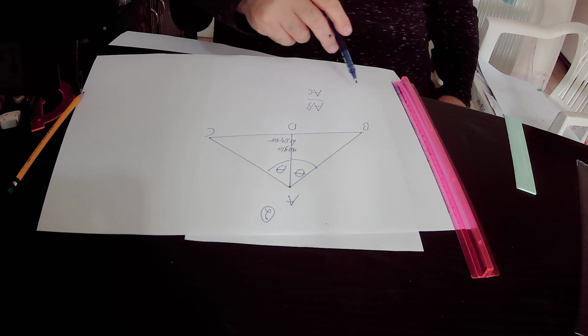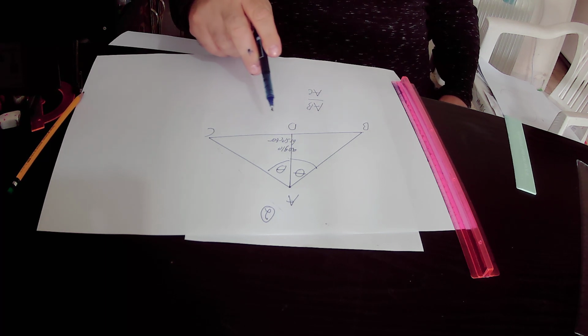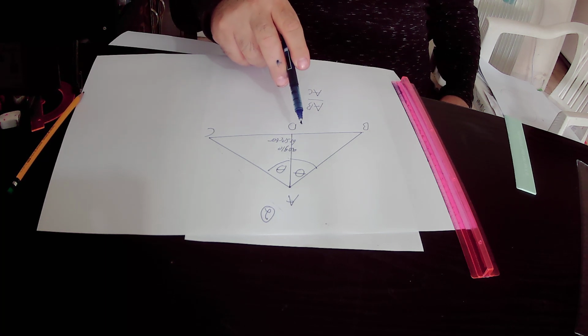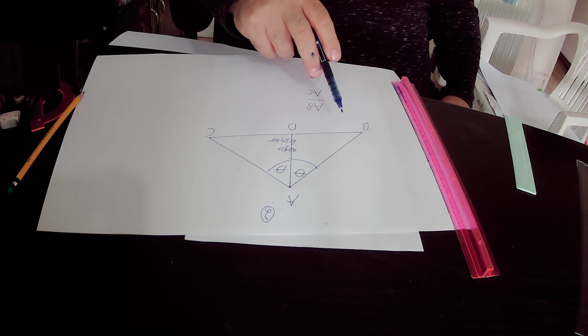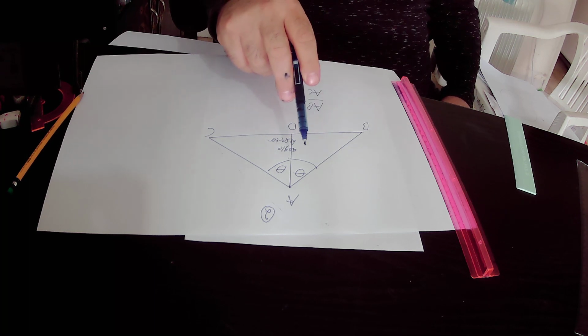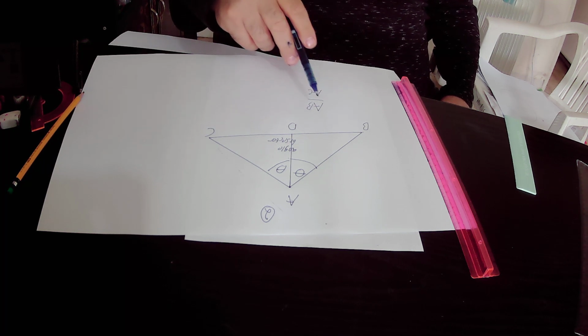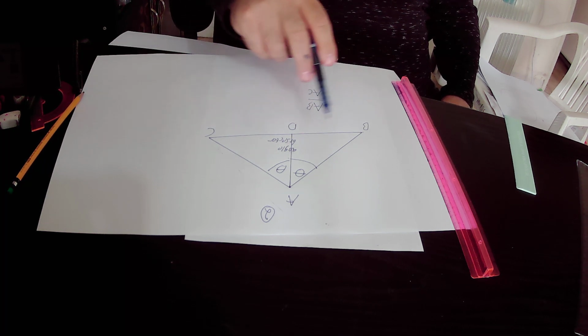Again, the legs of the angle, that is the angle divided into two halves, are side AB and side AC. Those are the two legs of angle BAC.